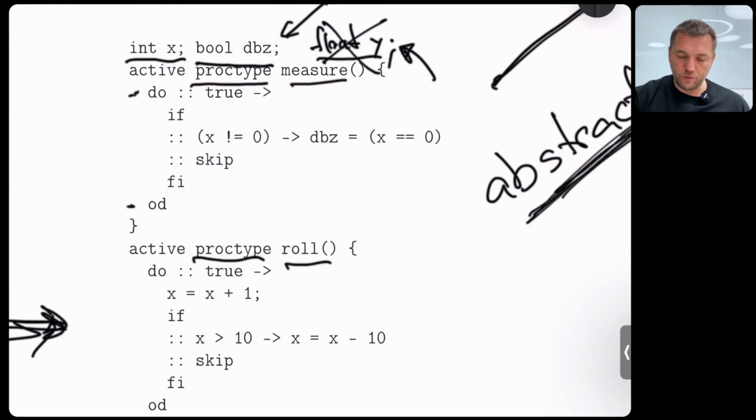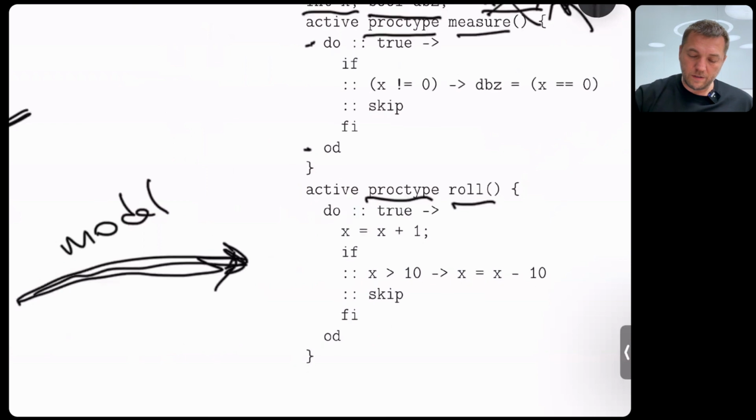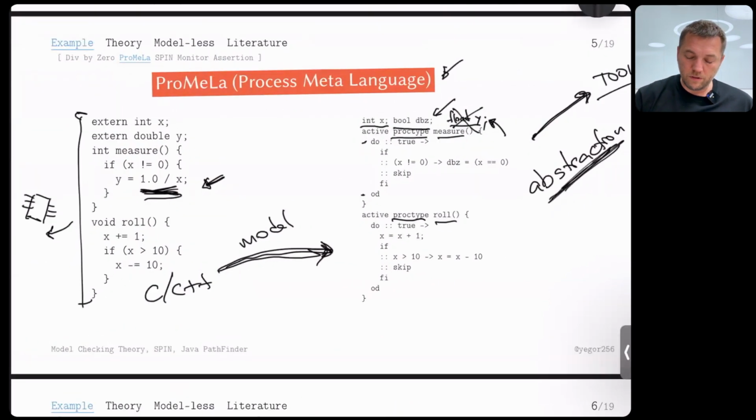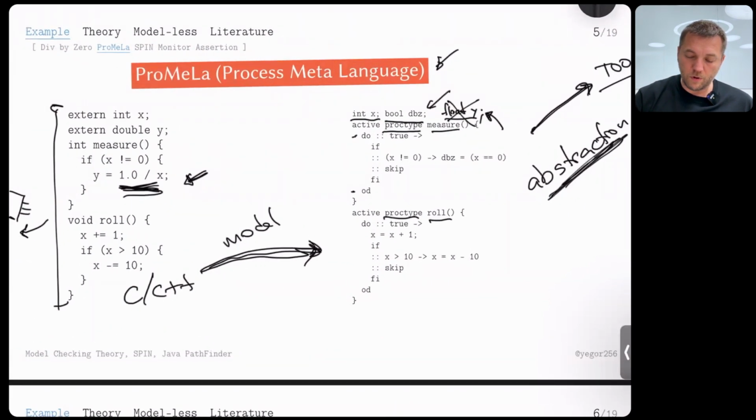That's just for you to understand that this language is actually the language for modeling concurrency. It's not the language to write what you write in C and C++ and Java. It's a different language for different purpose. And here again we model the process.